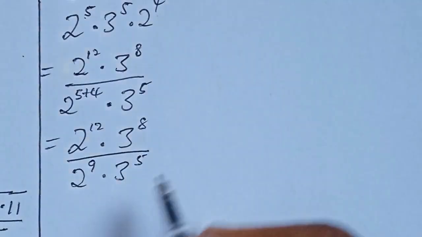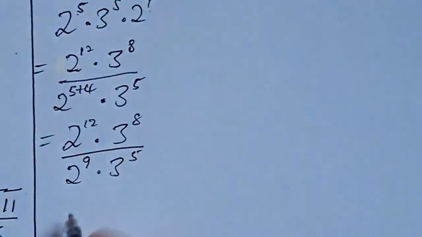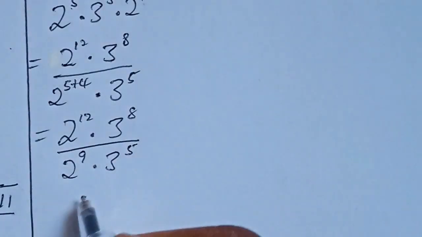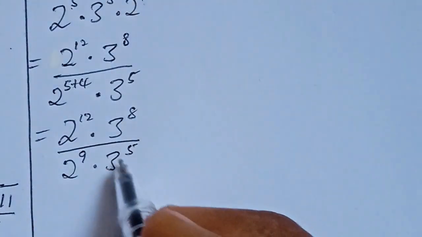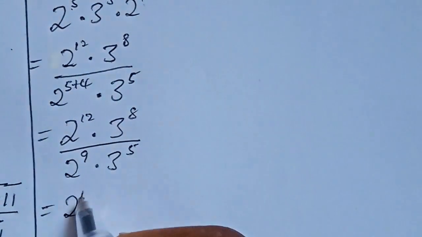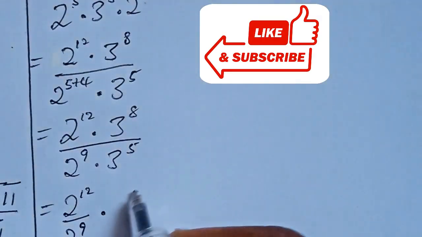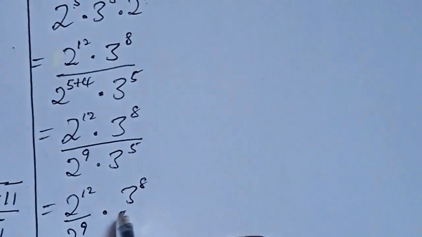Now, considering one of the rules that we introduced earlier, we are going to split this apart based on the same base. So we have that to be equal to 2 to the power of 12 over 2 to the power of 9, then multiplied by 3 to the power of 8 over 3 to the power of 5.